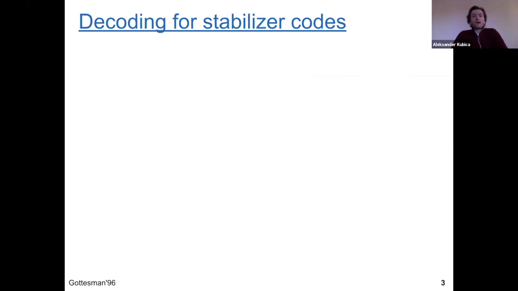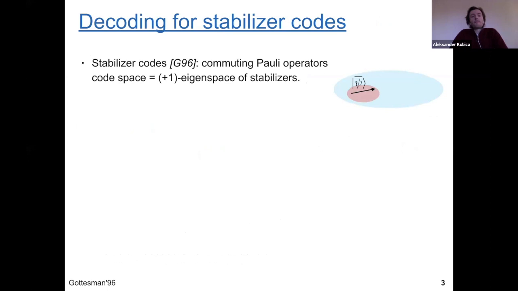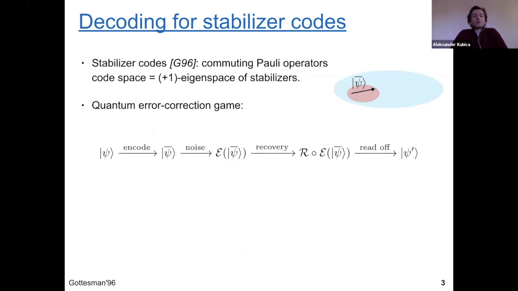So in the talk, I will focus on stabilizer codes. A code space is a subspace of the Hilbert space, which is the +1 eigenspace of all the stabilizers. And so the quantum error correction game we want to play is as follows.